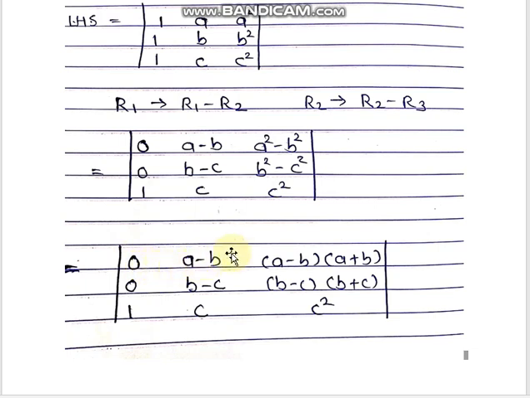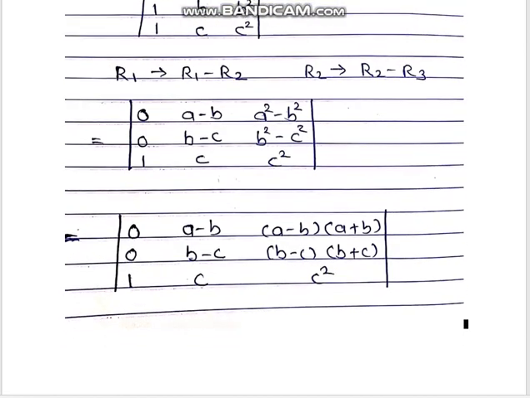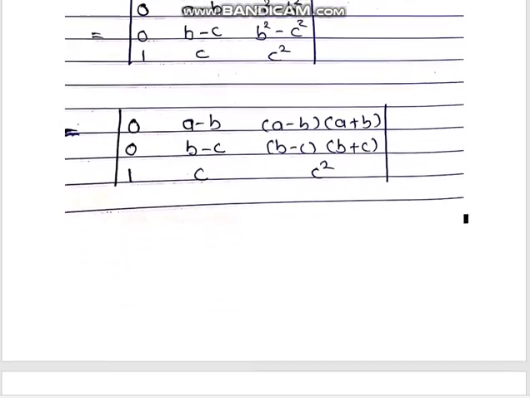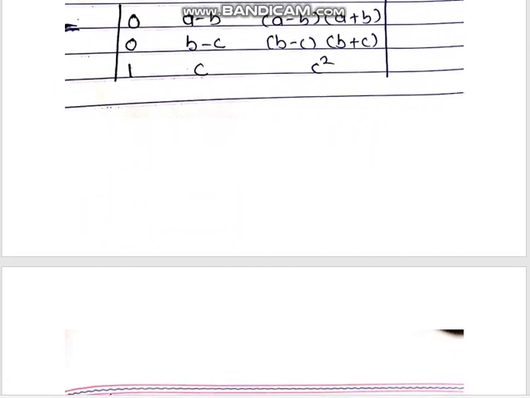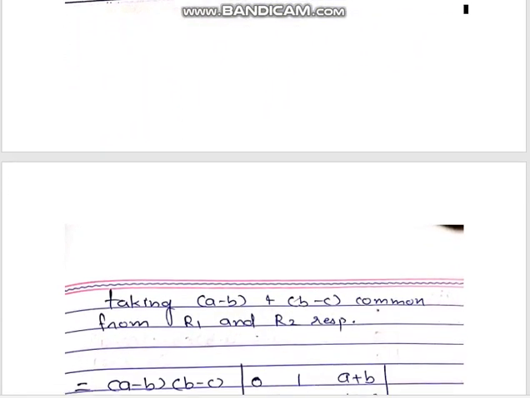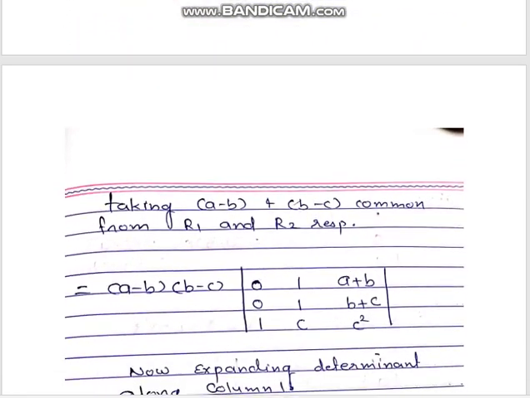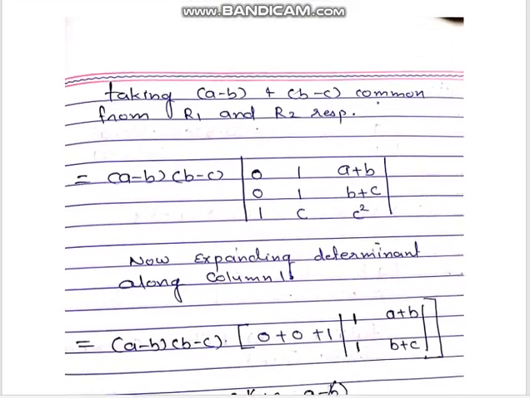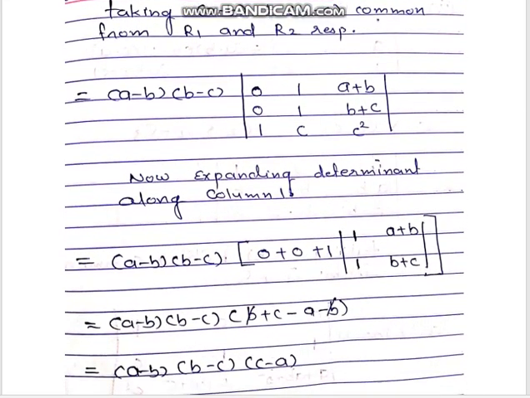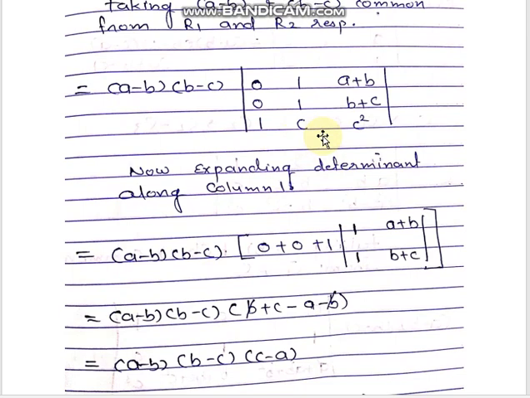So taking a minus b common from the first row and b minus c common from the second row, we will have (a minus b)(b minus c). Then inside the determinant sign we will have 0, 1, a plus b; 0, 1, b plus c. Then the last row as it is, that is 1, c and c square.